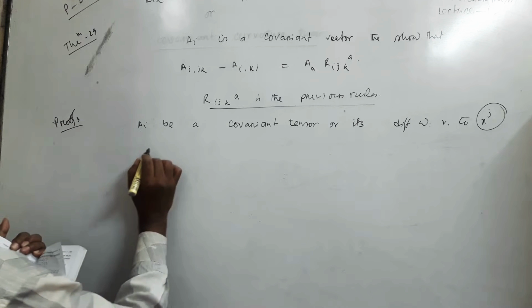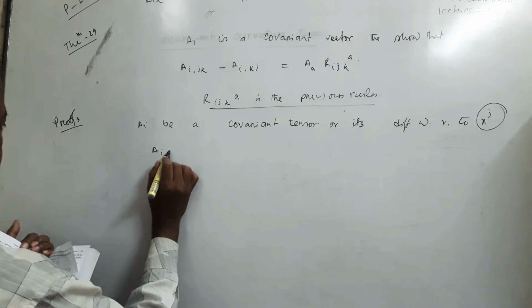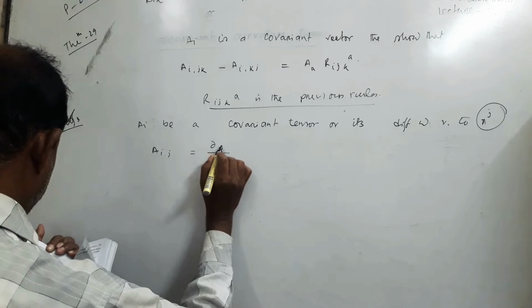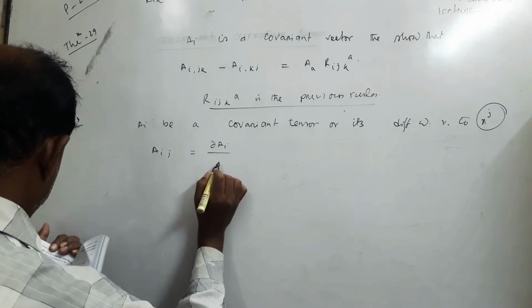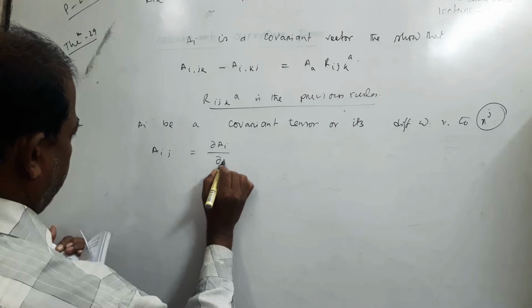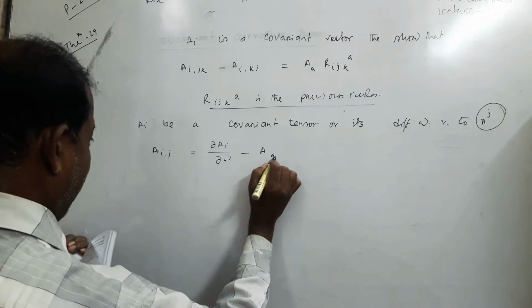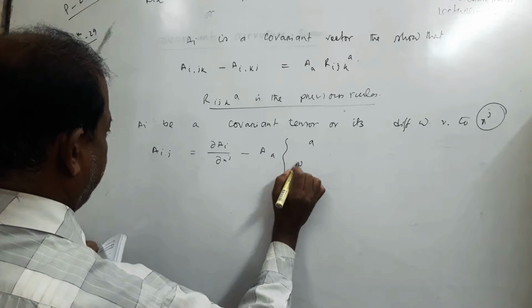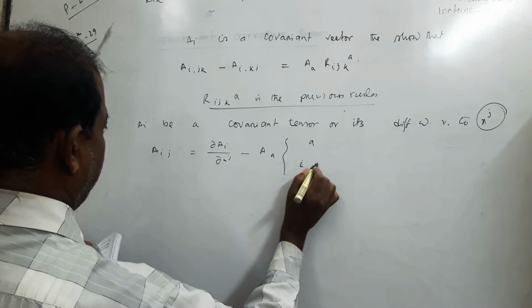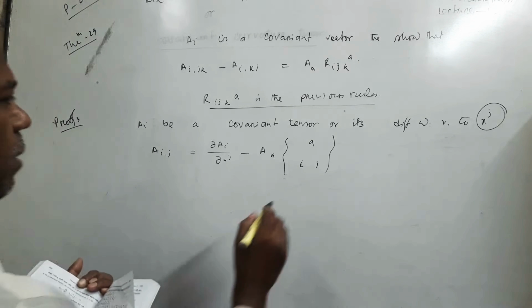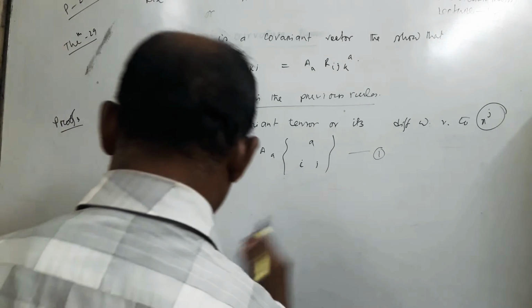So I know that Ai,j equals del ai by del xj minus a I j. Right? This is the first equation.